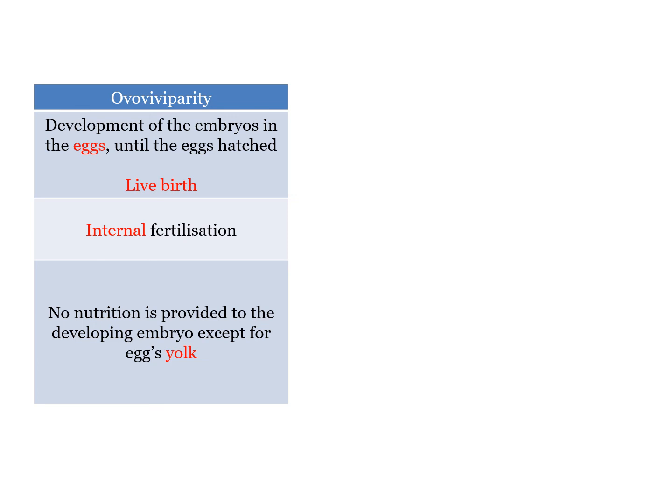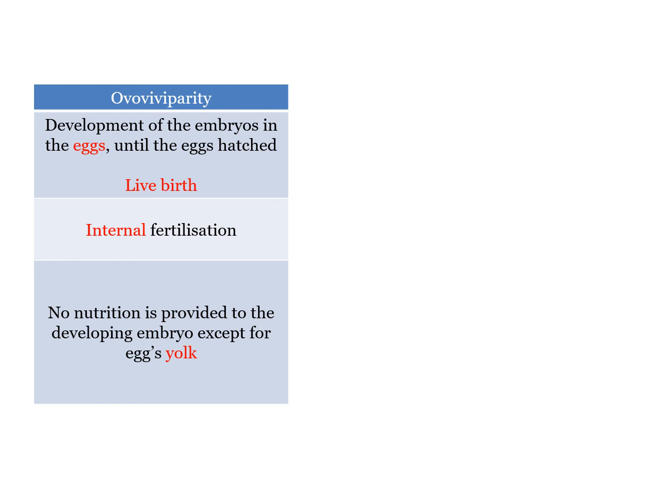The last one is Ovoviviparity. This unique development of embryo involves both eggs and giving birth. Fertilization is only internal, and then the embryo will develop inside of the eggs, and the eggs are inside of the female's body. Embryos rely on the egg's yolk for nutrients.